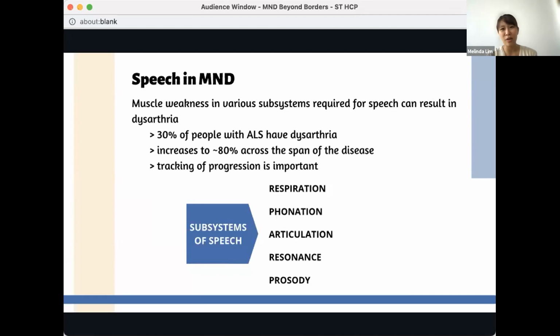But when we see them every 2 to 3 months, we do try and take a speech sample so that we can track, from time point to time point, what their speech intelligibility is like, and then be able to prognosticate if, let's say, we need to push for some alternative communication options. How much do we then push and pace with the patient and encourage them to take these options up?